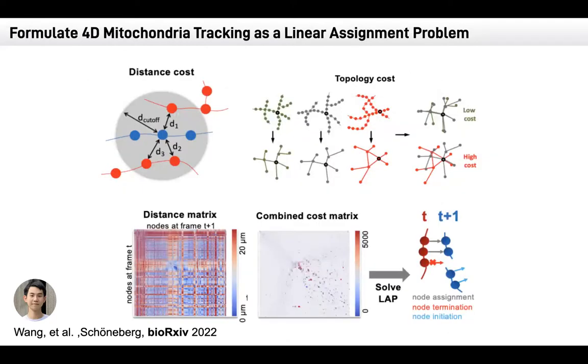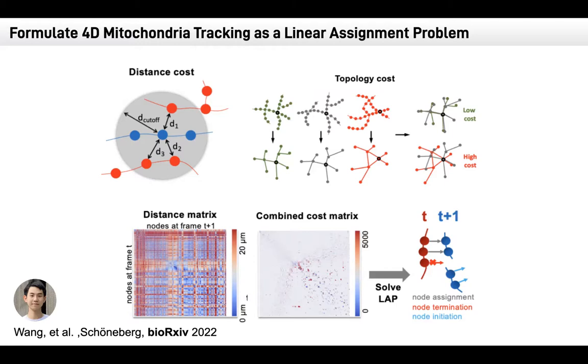We can go into the details later, but it combines distances, meaning where the current time frame moved to in the next time frame, and topology, meaning what the overall network looks like from this time step to the next, into a linear assignment problem that you then solve, and you get the individual mitochondria tracks.